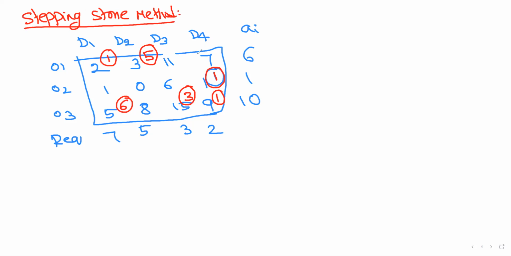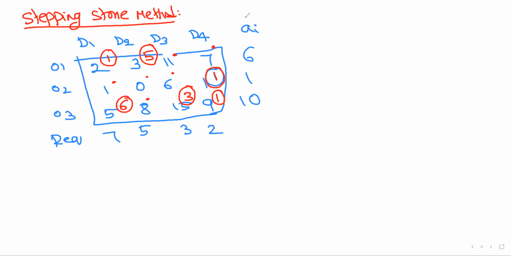While doing the stepping stone method, first you have to see how many non-basic cells there are. Non-basic cells are the cells which are not allocated. This cell, O1 D4, is a non-basic cell. Then O2 D1, O2 D2, O2 D3, O3 D2, all these are non-basic cells. How many are there? 1, 2, 3, 4, 5, 6.